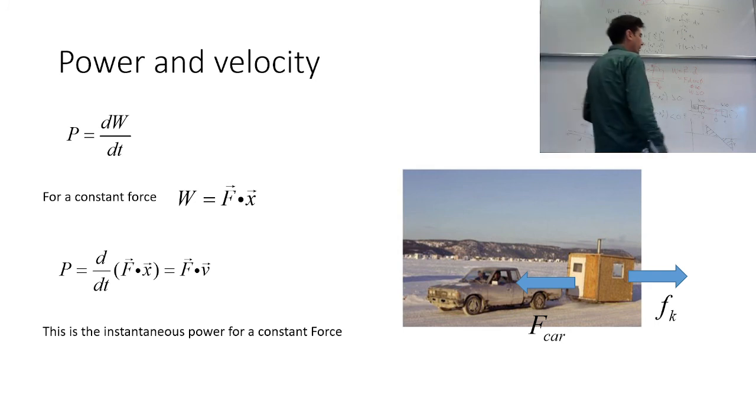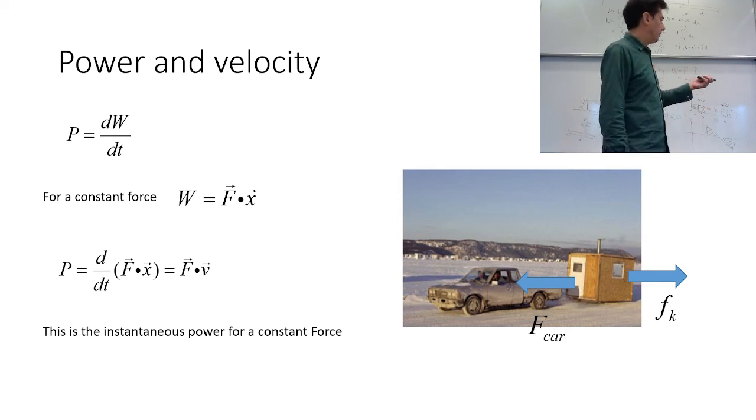In the case of a constant force, you can also have a power relation that looks like this: if the force is constant and you take the derivative of this, then it is the force times the velocity. This is not a very common formula, but you can also work out the power in this way.